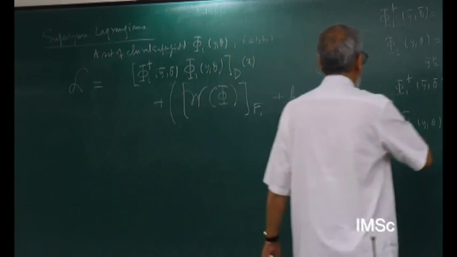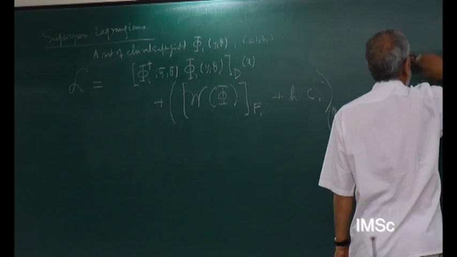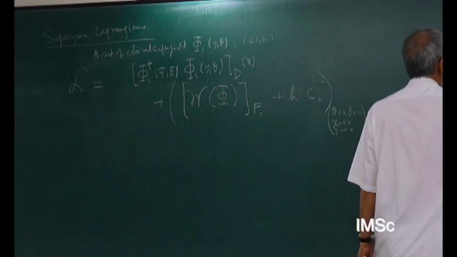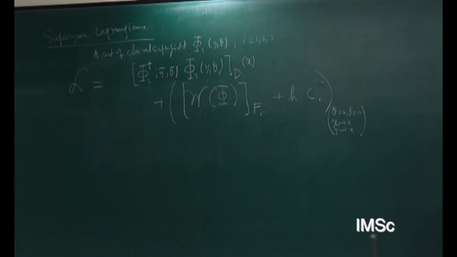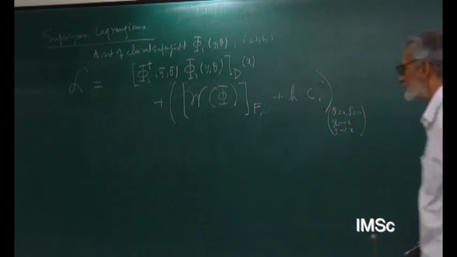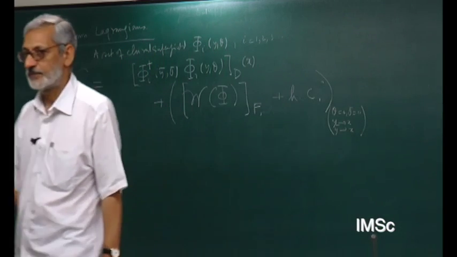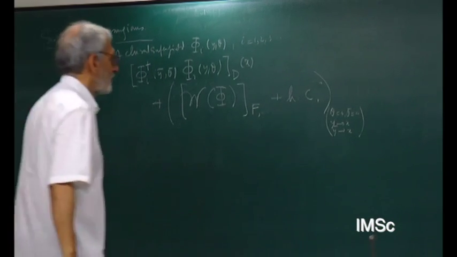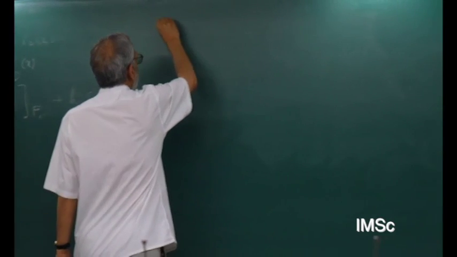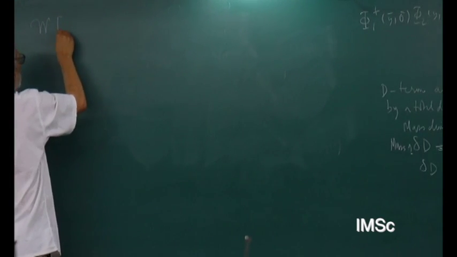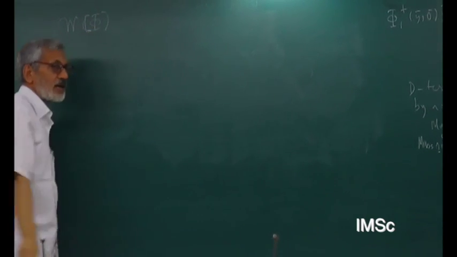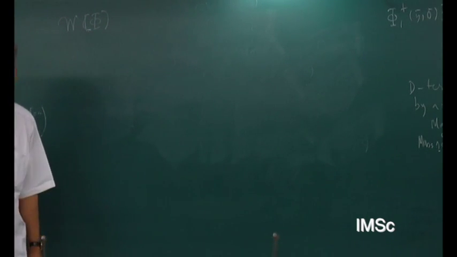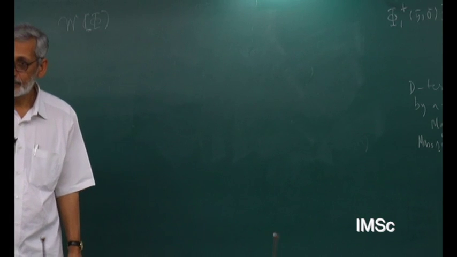Now, what is this curly W of phi? Curly W of phi is a function of chiral superfields, but not anti-chiral superfields.